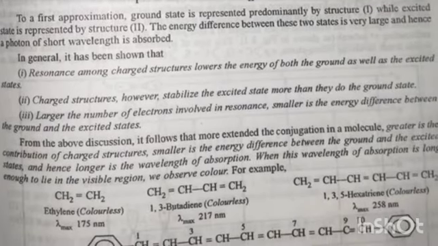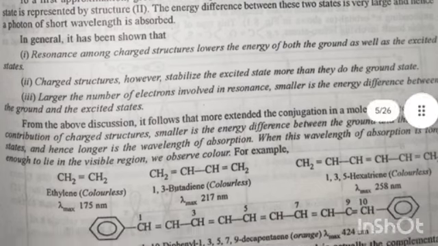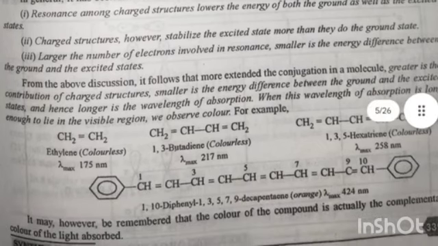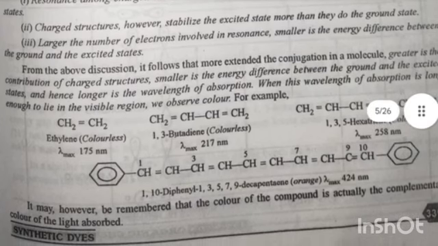In general, it has been shown that resonance among charged structures lowers the energy of both the ground as well as the excited states. Charged structures, however, stabilize the excited state more than they do the ground state. The larger the number of electrons involved in the resonance, the smaller is the energy difference between the ground state and excited state.